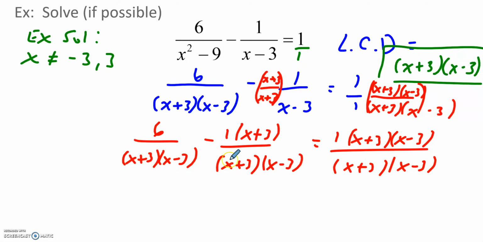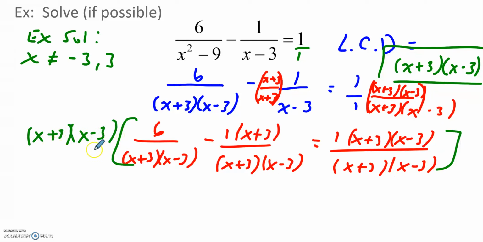Now that all three of these fractions have the same denominator, I'm going to multiply everything by the LCD to get everything to cancel out. So I'm going to multiply by (x plus 3)(x minus 3).